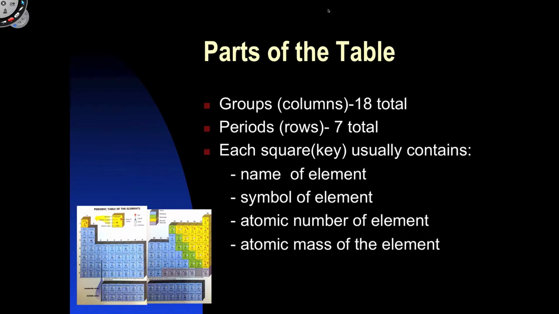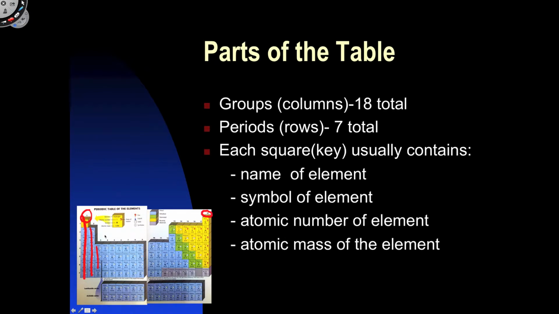The columns going down here, here, here, and so on and so forth. Those are called groups. And there's 18 total. You can see that they are organized 1 to 18.